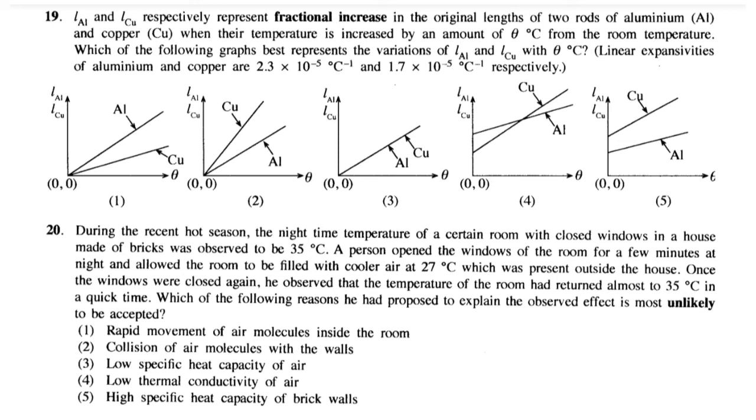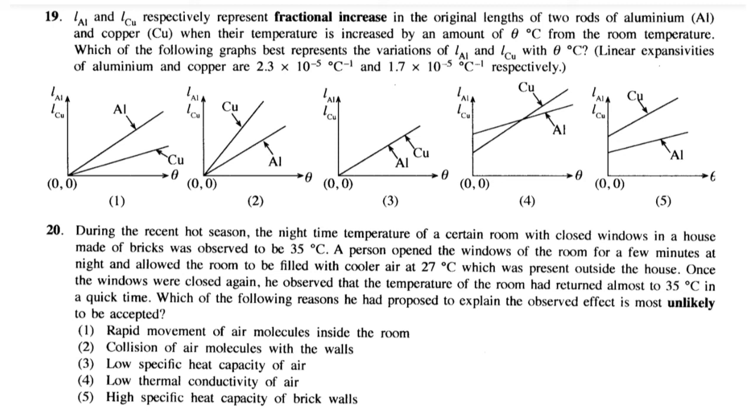Fourth one, low thermal conductivity of air. Thermal conductivity of air is low, that is true for air, but the thermal conduction will not happen in air. So there will be no rise in temperature due to thermal conduction. So the fourth answer is not acceptable.